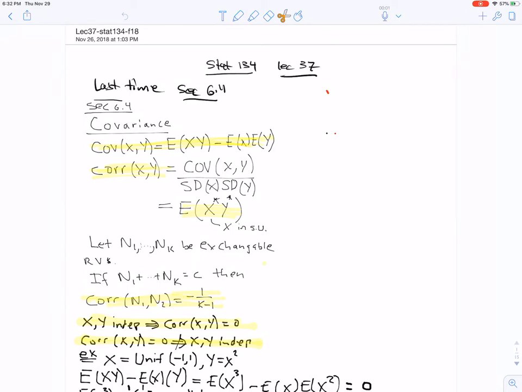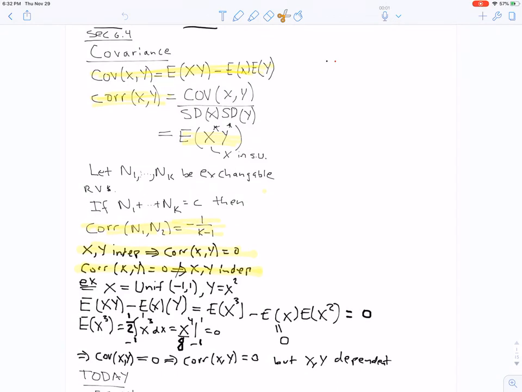So last time in section 6.4 we talked about covariance, which is expectation of XY minus expectation of X times expectation of Y, and correlation, which is basically the covariance normalized by dividing by SD X and SD Y. And we noted that if we have k exchangeable random variables that sum to a constant, then the correlation of N1 and N2 is minus 1 over k minus 1, which makes sense since if N1 is very large, N2 must be very small.